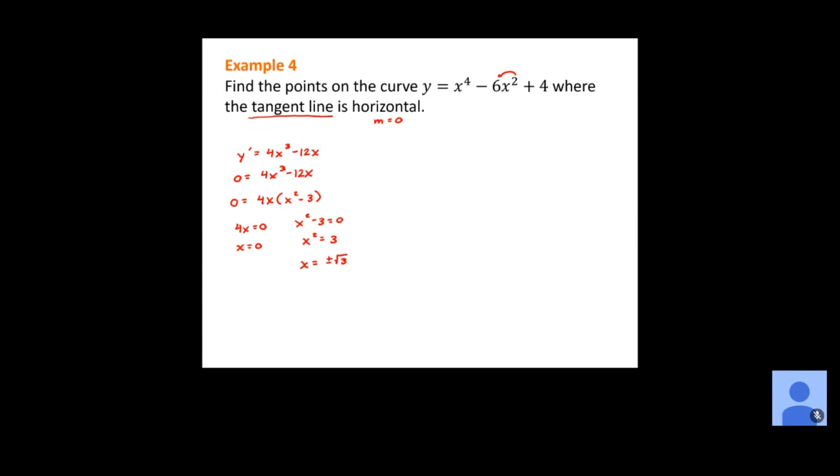Okay, so we're almost done, but it wanted us to find the points on that curve where the tangent line is horizontal. So far, we know the x values where it's going to happen. So what are we going to have to do now if we want the points?